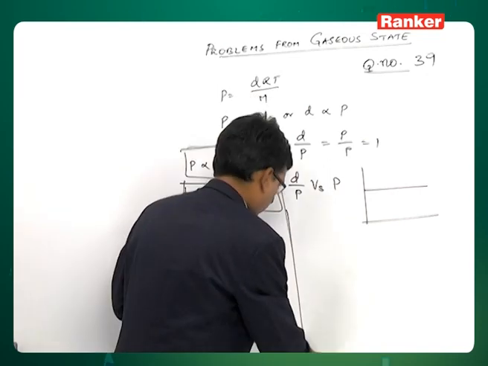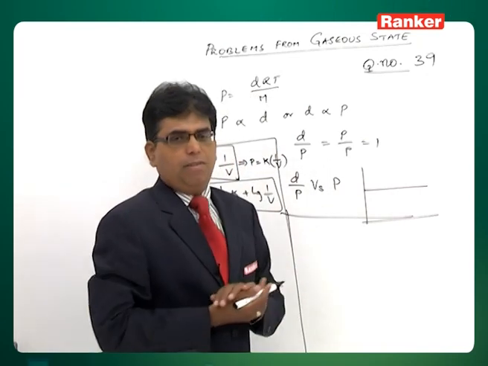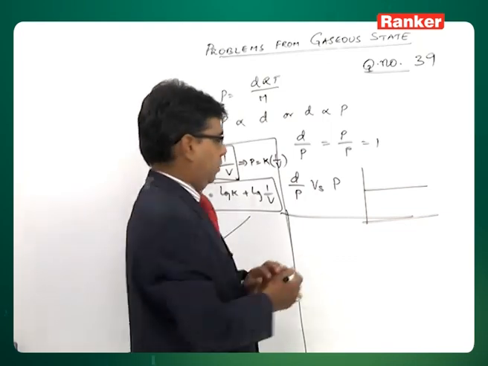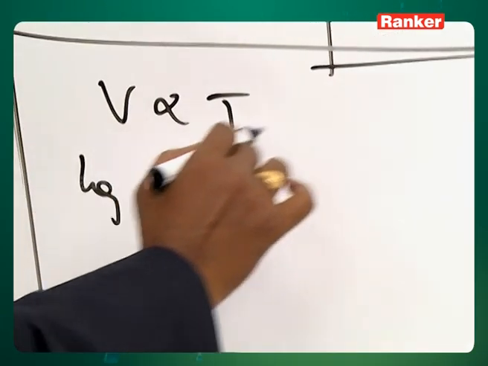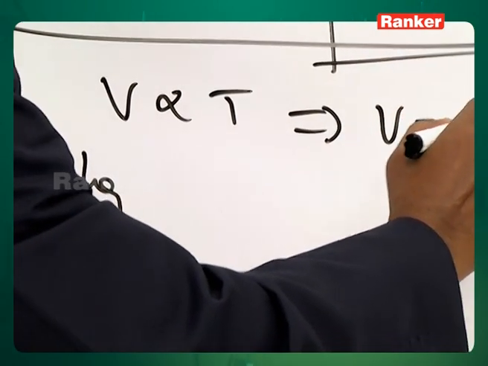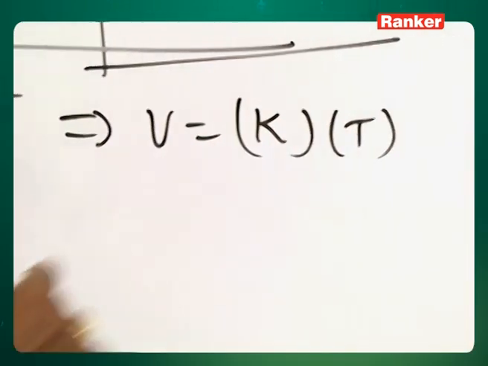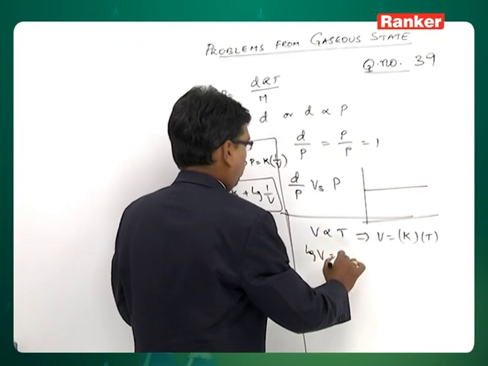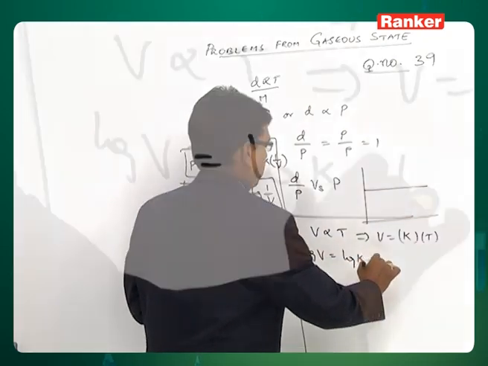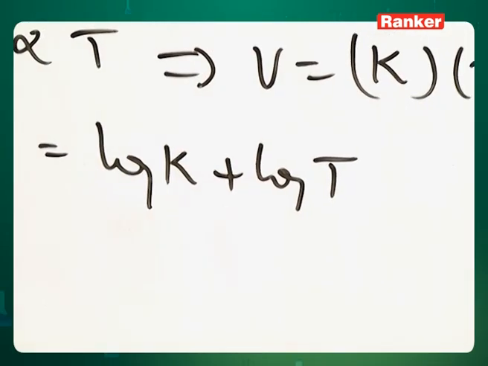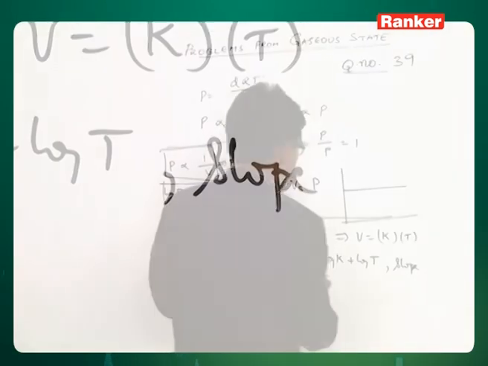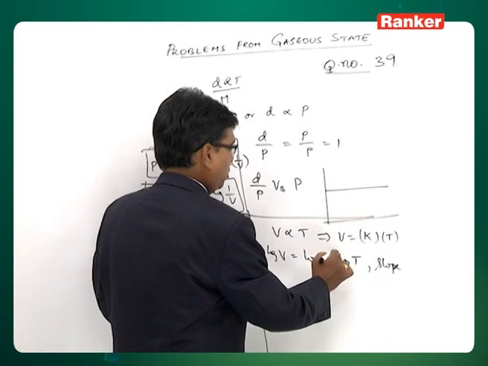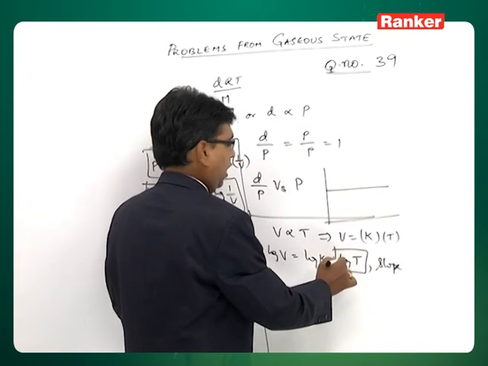Then next, third one is log V versus log T. As V is proportional to T, I will write V is equal to again some other constant K into T. So, log V is equal to log K plus log T. Here the slope of the graph, this is again y is equal to mx plus c, but m is equal to 1.